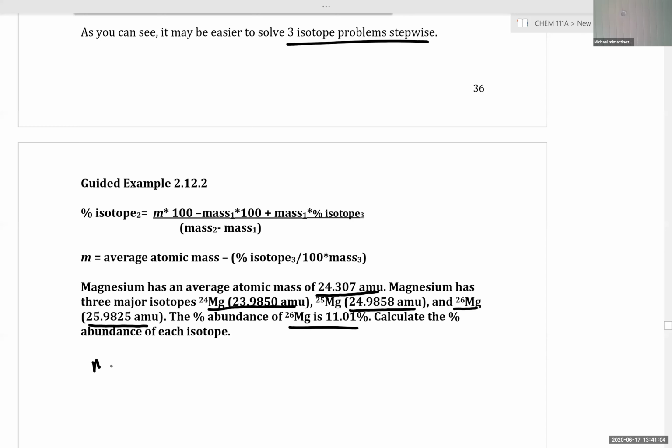Okay, so we know that our average atomic mass is equal to 24.307. We know the mass of isotope 1 is 23.9805. The mass of isotope 2 is 24.9858.